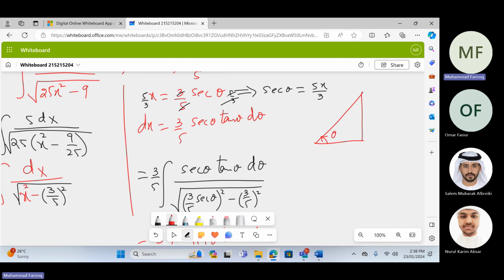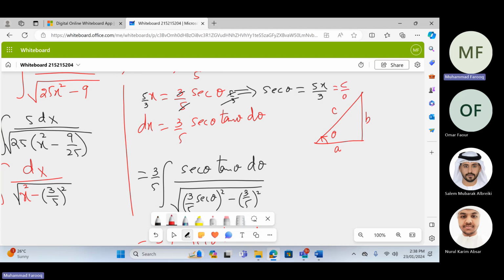Okay, look at here. Secant theta value how much? 5x by 3. Do you know what is the rule of secant? Look at here. You have A, B, and C. Secant is the reciprocal of cosine. Cosine is basically A over C, adjacent divided by hypotenuse. So if cosine is A over C, what about secant?